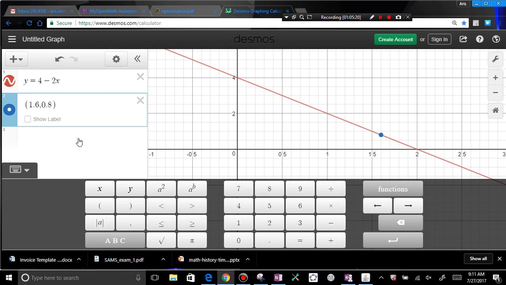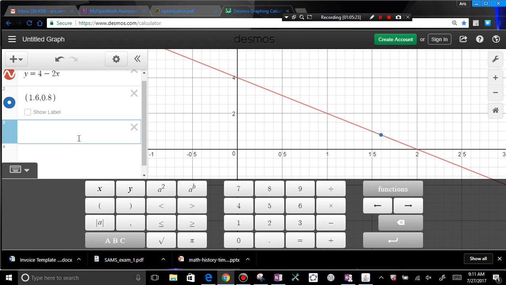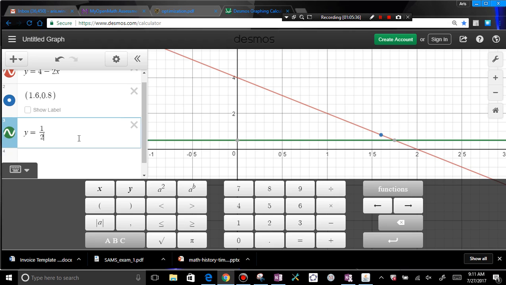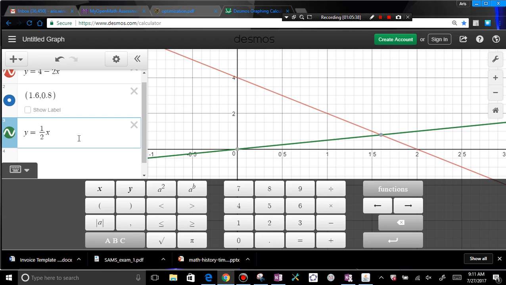What is that line that connects the origin to that? Not the distance itself, just the line. Y equals 1/2 x. The slope is 1/2, and it goes through the origin. Right.